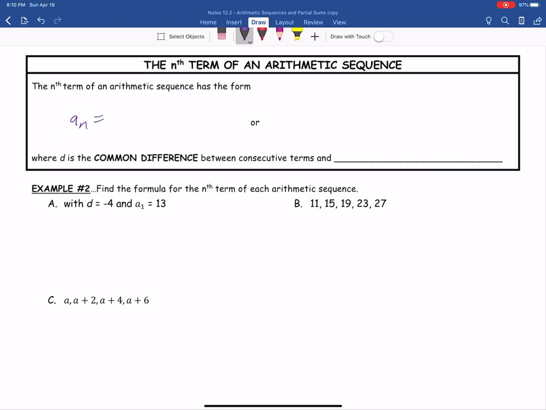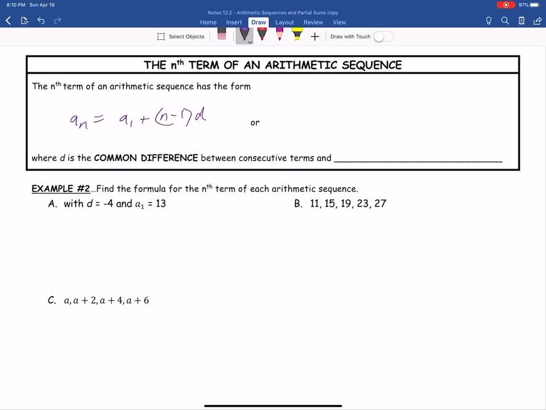So to find any term here, the one that we're most commonly going to use is going to be a sub 1, the first term, plus D, which is the common difference, times n minus 1. Okay, I'll explain that in just a second.